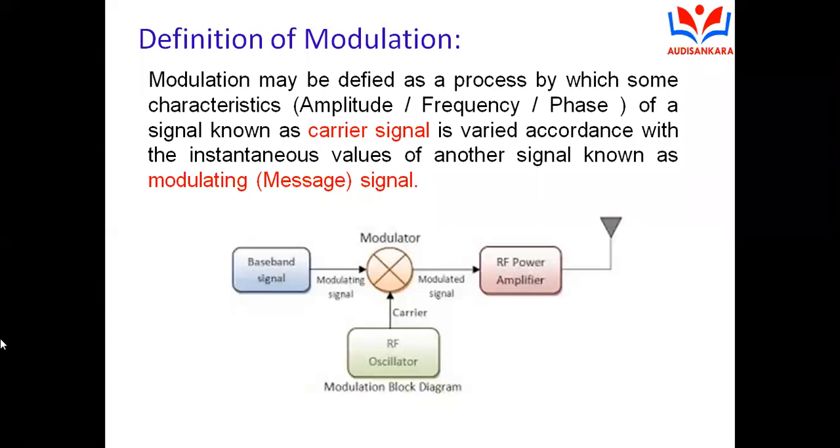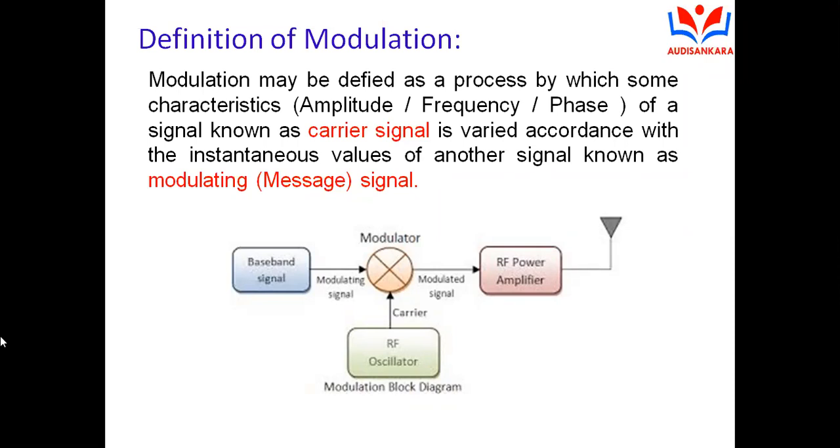Don't add amplitude, frequency, phase. Whenever I am asking for the definition of the modulation, just say the carrier wave is varied in accordance with the instantaneous amplitude of the message signal. That's all.